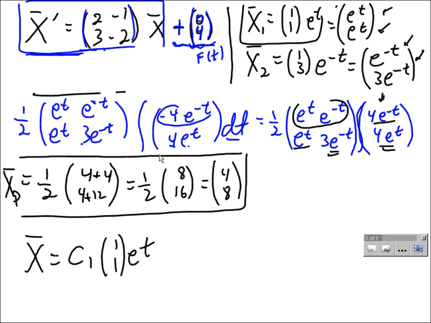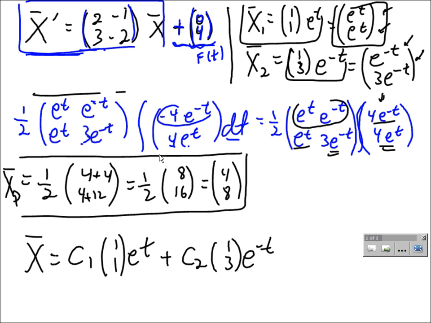If you preferred, you could have written down e to the t, plus C2 times X2, 1/3 e to the negative t, plus xp, which is 4, 8. And that's your answer. It's a long formula, but you have to use it. Let's try one more of these.